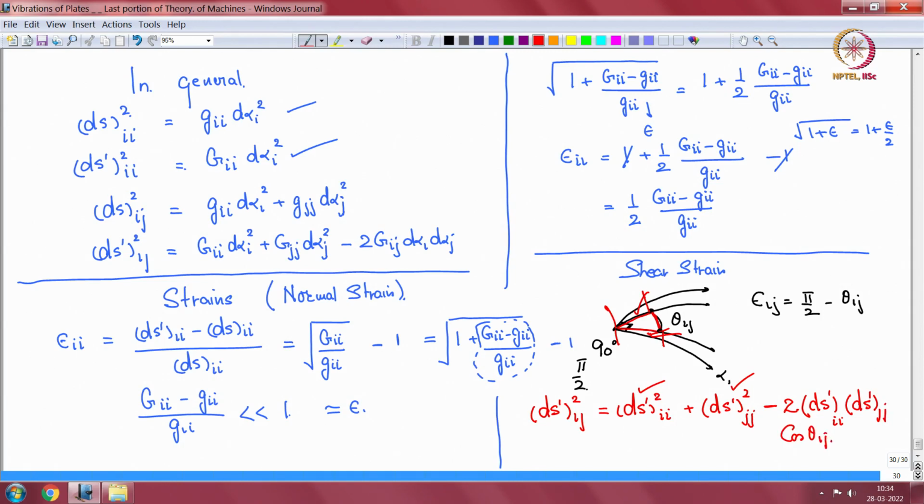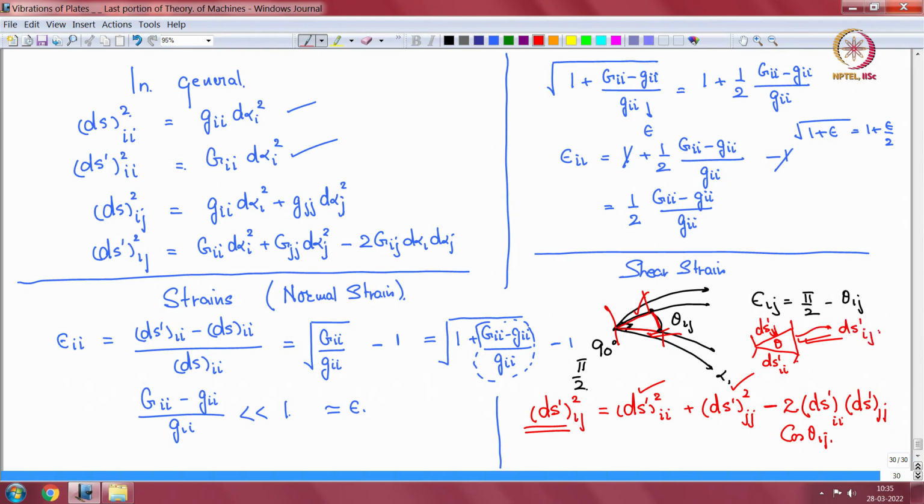So this you should know from simple geometry. If I have a triangle and I know the included angle theta, I know this distance and this distance, then this distance squared is given by this formula. This can be taken as ds dash ii, this one as ds dash jj, this is ds dash ij.